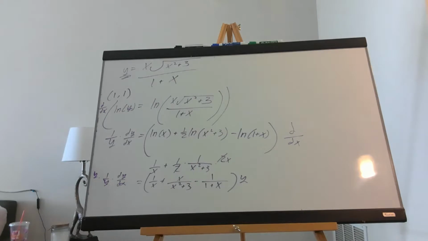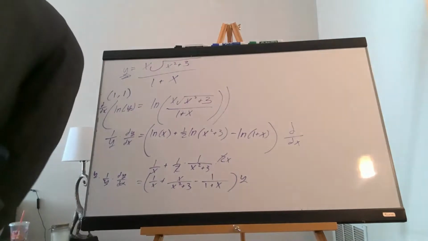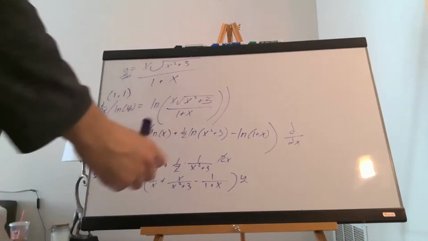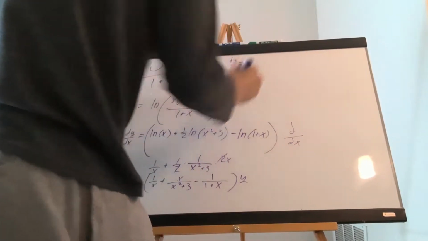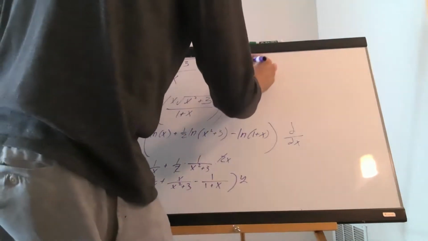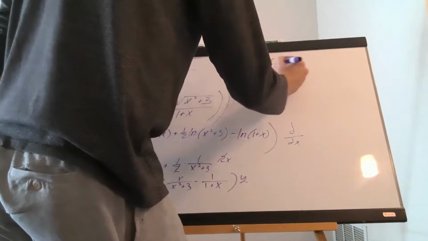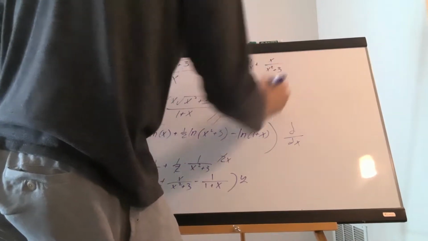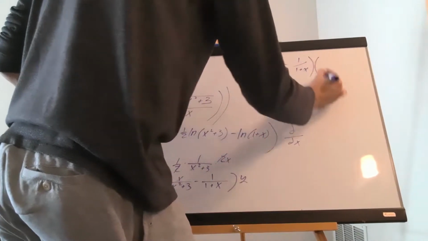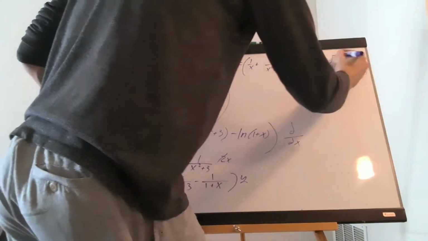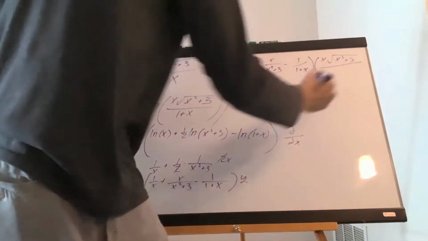So our derivative for this is going to be equal to 1 over x plus x over x squared plus 3 minus 1 over 1 plus x, all times x times the square root of x squared plus 3 over 1 plus x.